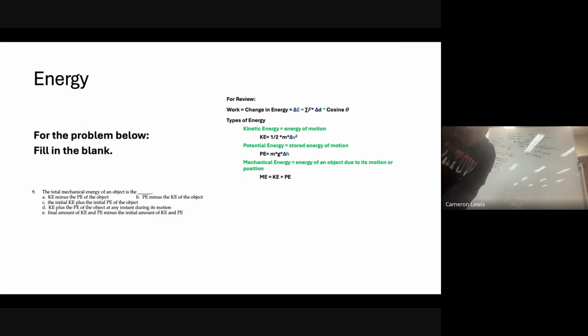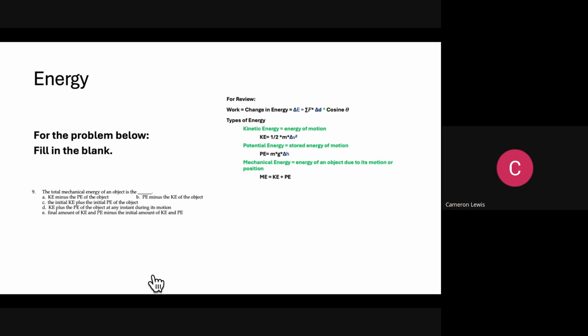Now this one right here is more conceptual. Mechanical energy of an object, which one is it? You have the equation next to you to the right as well. Remember we talked about mechanical energy? E: energy of an object due to its motion or position. You said B?